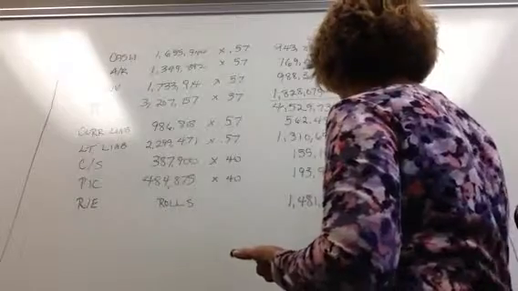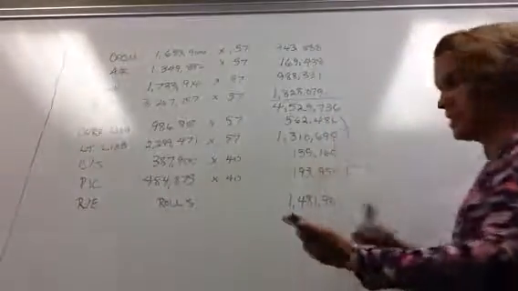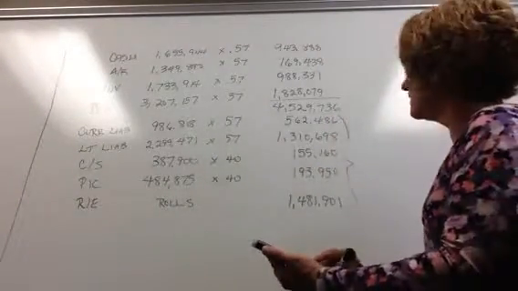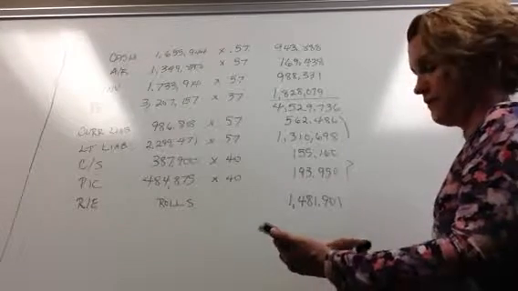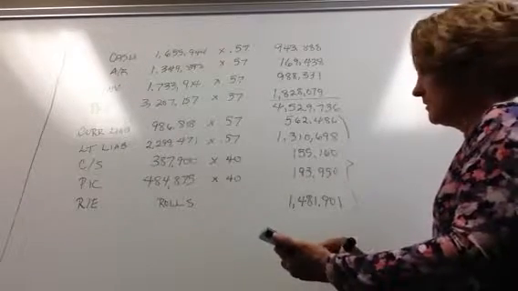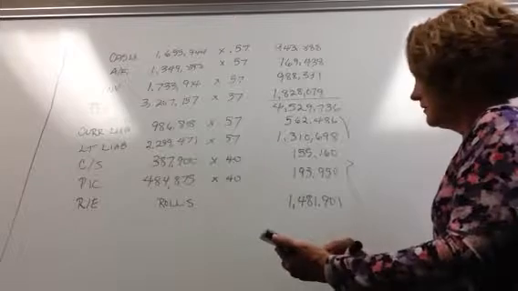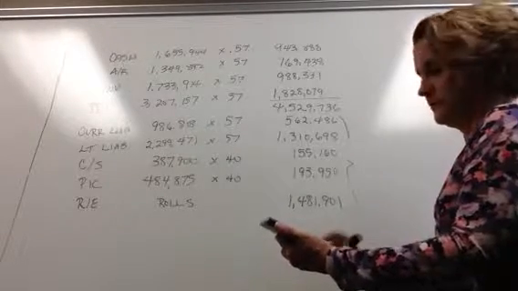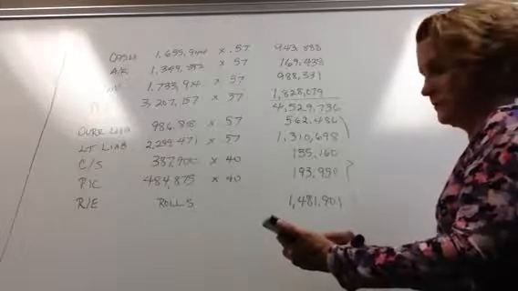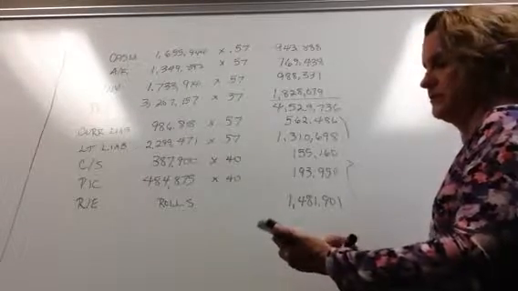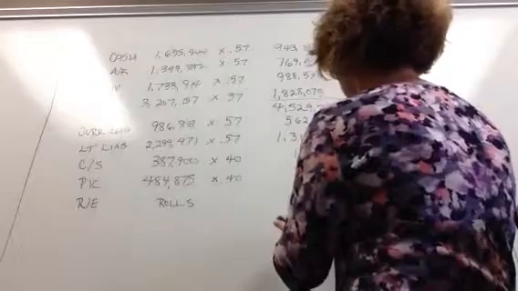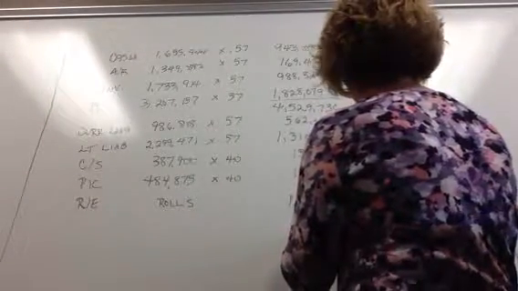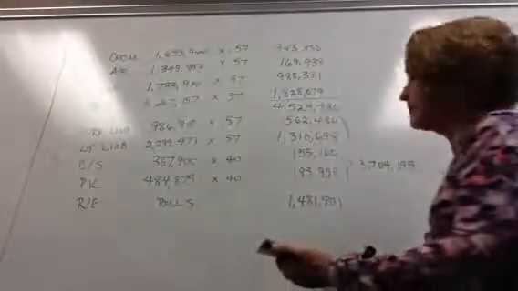So what I'm going to do here to the side is run a little subtotal of the liabilities and the equity and see how far off we are. So I get $3,704,195.